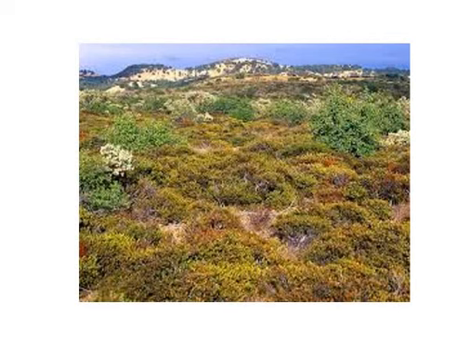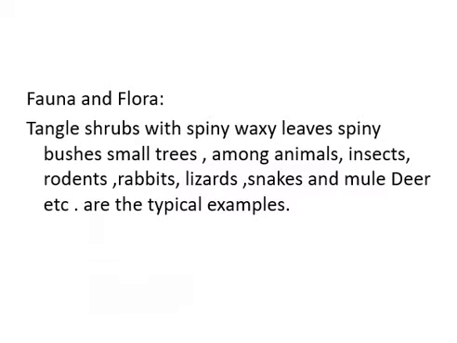Need not discuss it in detail. Fauna and flora of these ecosystems are tangled shrubs with spiny waxy leaves, spiny bushes, small trees. Among animals, insects, rodents and rabbits, lizards, snakes and mule deer are chief examples. These are the typical examples of fauna and flora of this ecosystem.